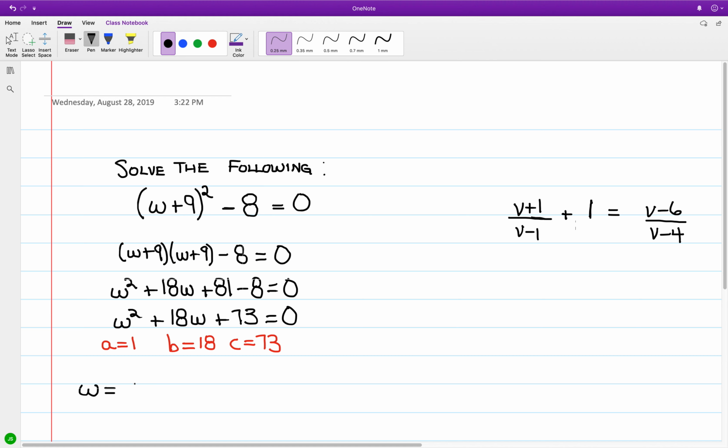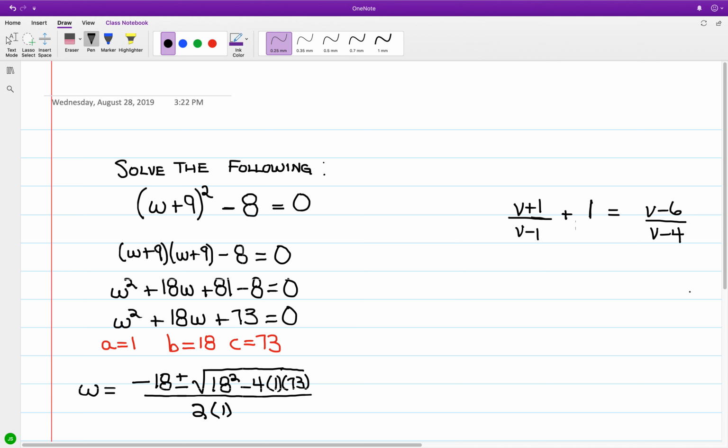So for negative b, we have negative 18, plus or minus the square root of b squared minus 4ac, so the square of 18 minus 4 times 1 times 73, all over 2 times 1.